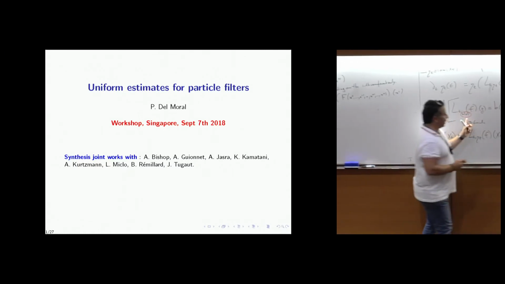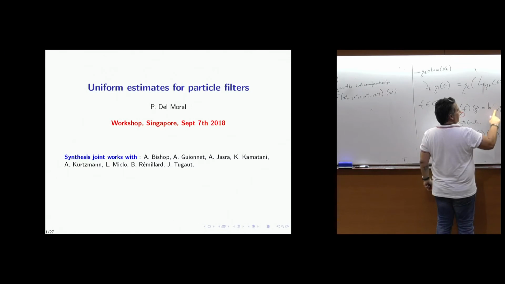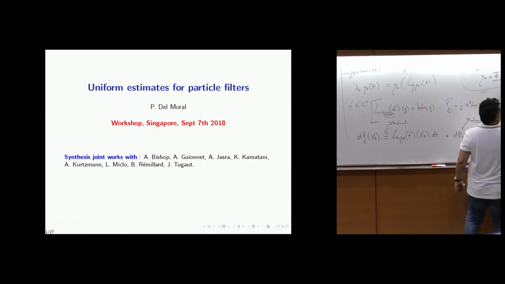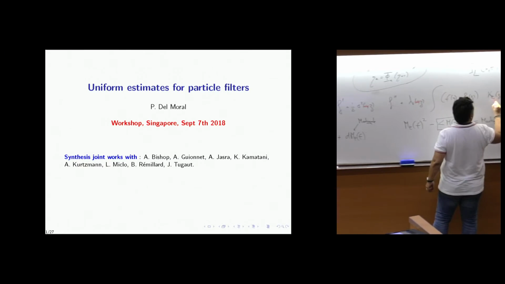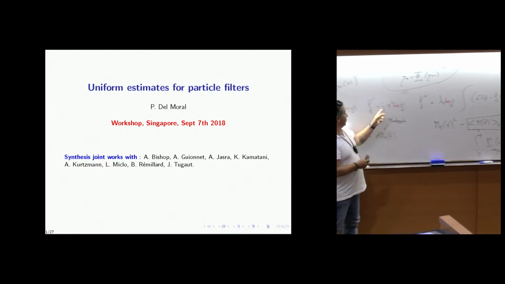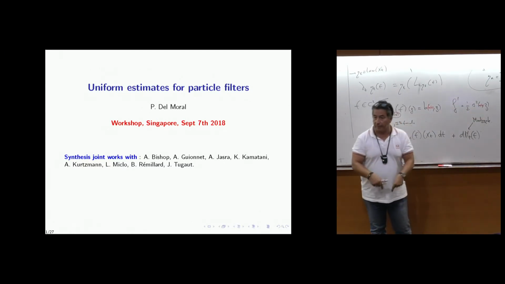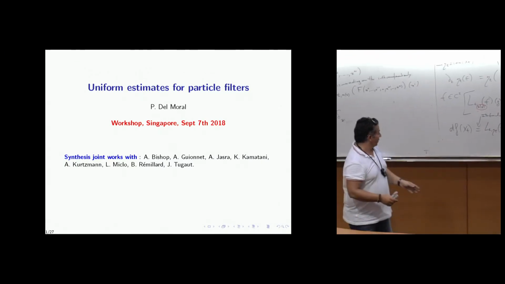So it means that the guys are evolving as usual, but now instead of the true law, they will have the empirical measure everywhere. And when you perform a jump, or when you compute the drift, or when you compute the diffusion, you will consider the one associated with the empirical measure at that time. Okay? So that's the only trick.